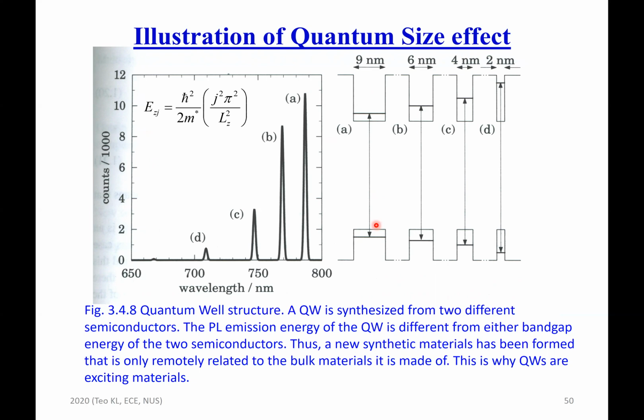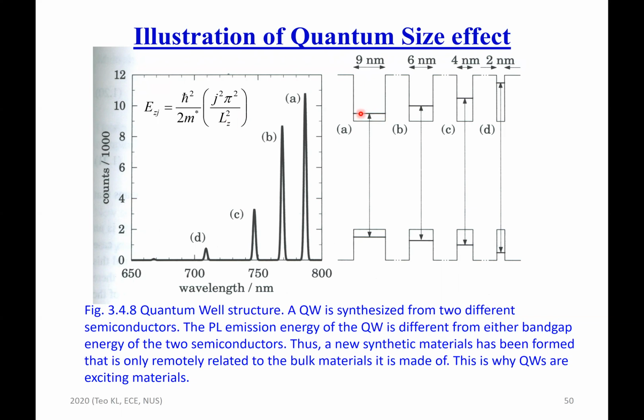So this is the transition energy, which corresponds to this peak A. As you reduce the size to 6 nanometer, this level will push up, and this level will push down, because your energy is proportional to Lz squared. As L reduces, energy increases.